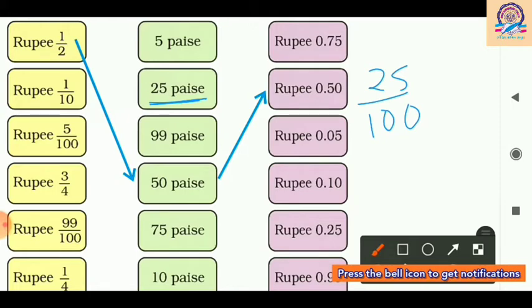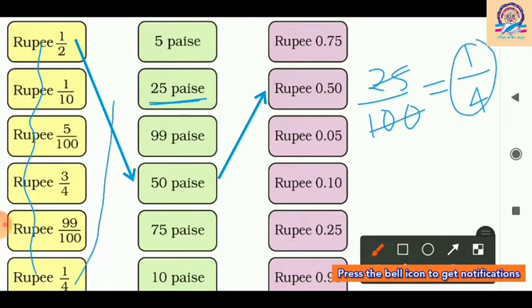Here we have no 25 upon 100, so let's find its simplest form. 25 ones are 25 and 25 fours are 100. So we got 1 upon 4. At last, here you can see we have 1 upon 4.